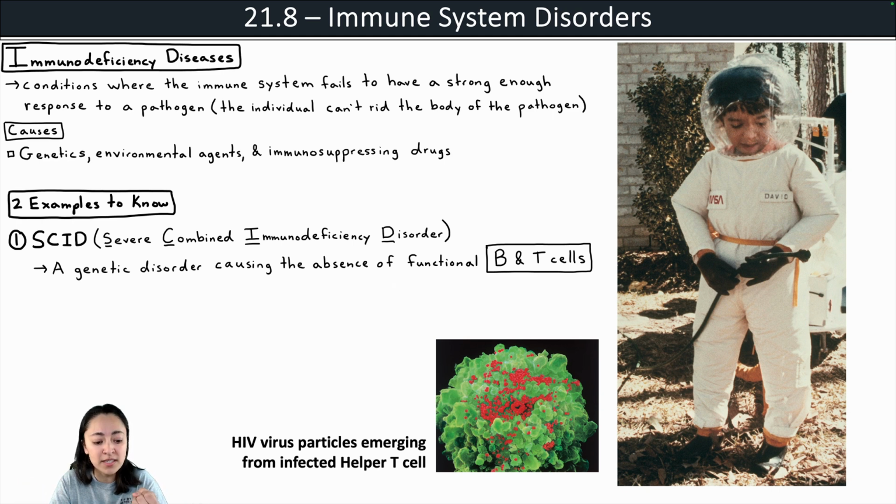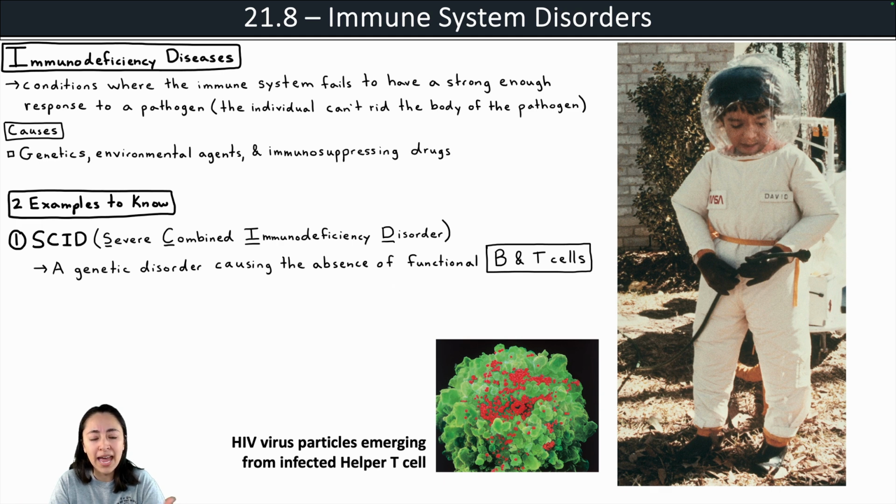T cells are necessary for cellular immunity. B cells are necessary for humoral immunity. So if your body does not produce functional B cells and T cells, that means you have no adaptive immune response. Therefore, if you're exposed to a virus or bacteria, your body cannot learn to better fight off that pathogen in the future when you're exposed to it again.